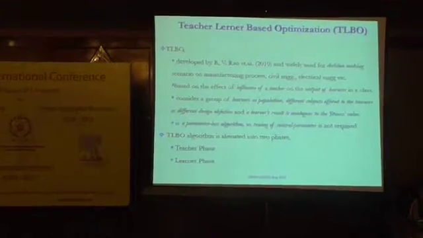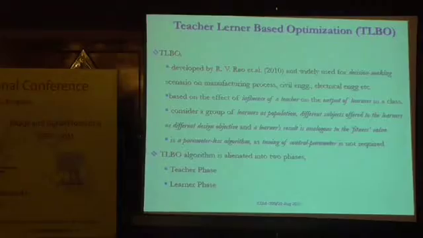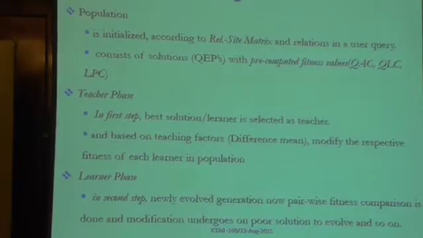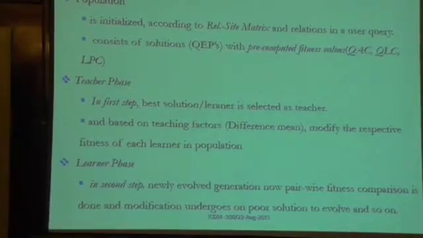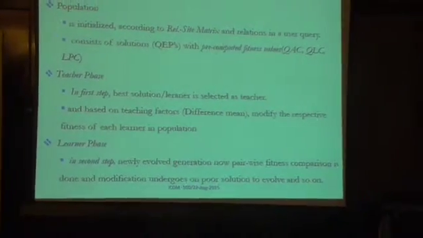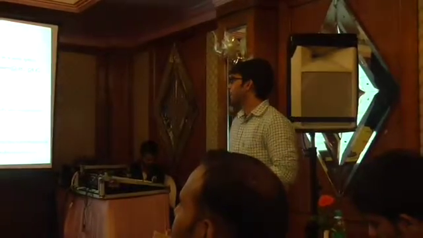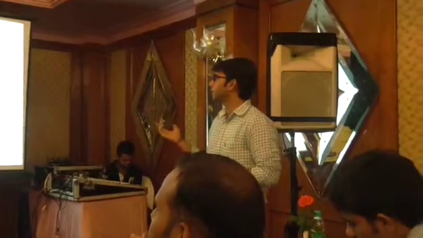So the TLBO algorithm is mainly based on two phases, the teacher phase and the learner phase. Initially the population will be all the possible query plans for the query, and each will have pre-computed fitness values, which I have proposed: query affinity cost, QLC and LPC.